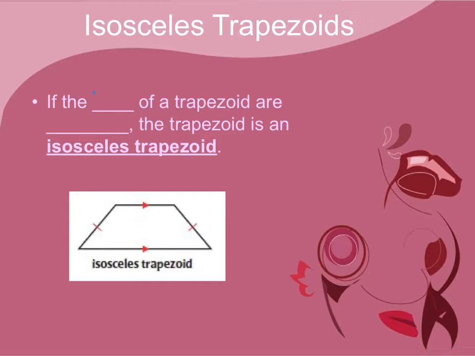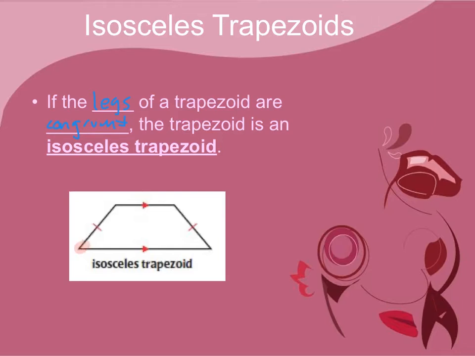So if the legs of a trapezoid are congruent, the trapezoid is an isosceles trapezoid. So remember, the legs are the ones that are not parallel.